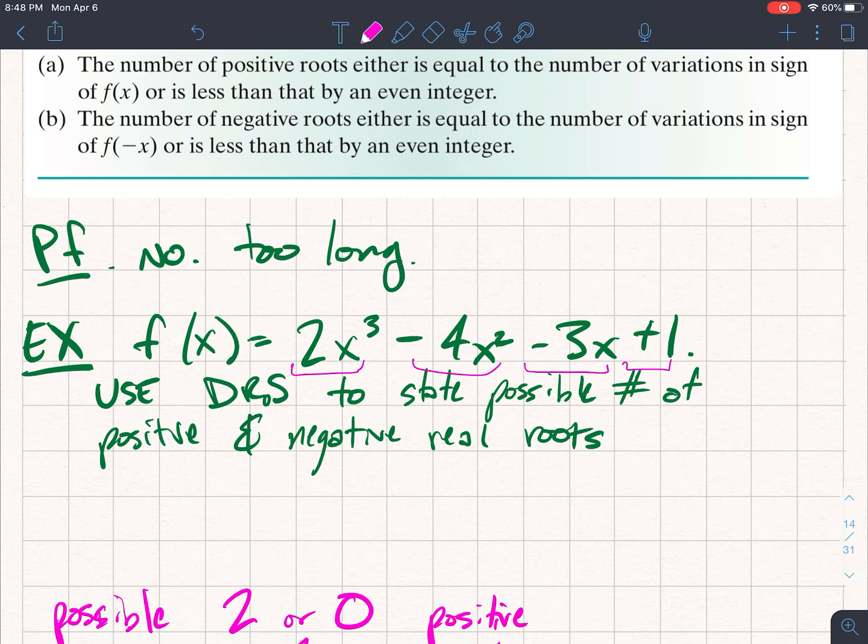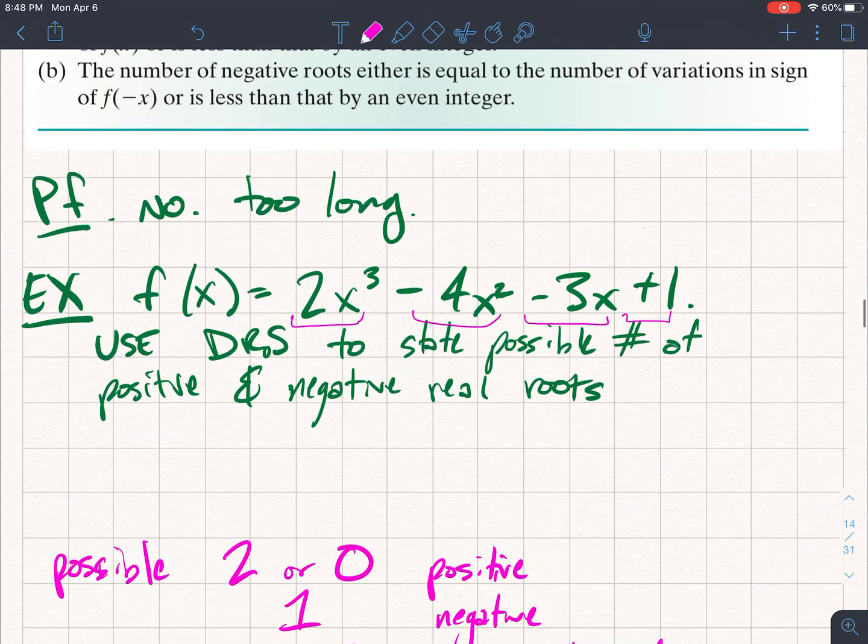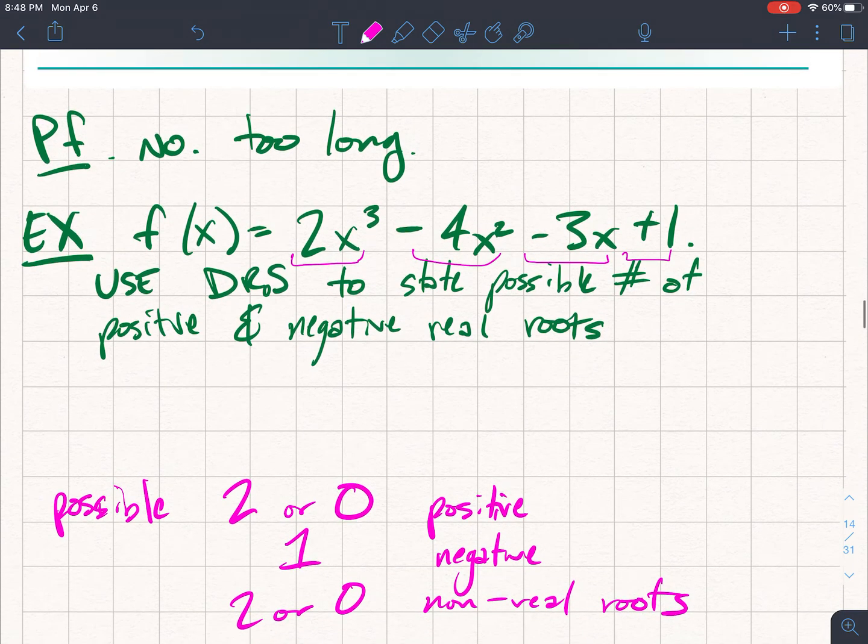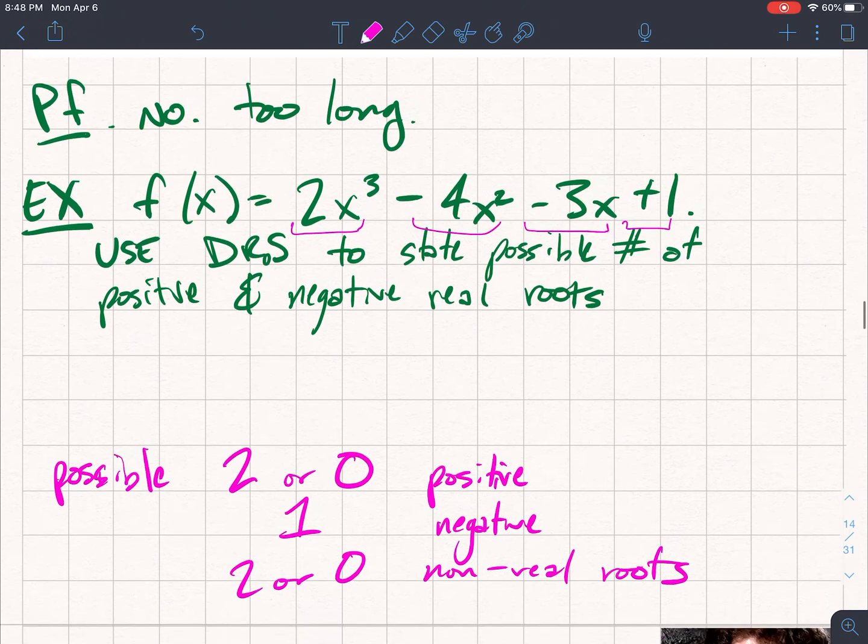I have 2 positive roots, and then I go down by 2, so 0 positive. You can't have a negative number of roots, so that's silly. And then if I stick negative x into that function, I'll find that there is 1 sign change. And then the non-real roots are whatever's left. The fundamental theorem of algebra tells us that there's got to be either 2 or 0 non-real roots.